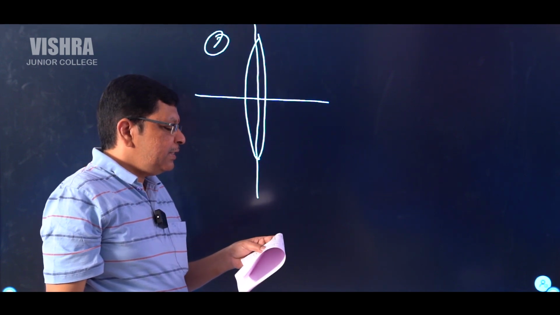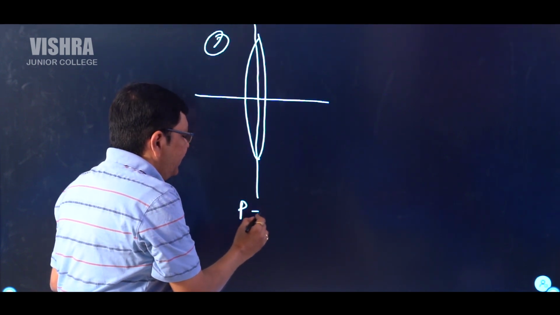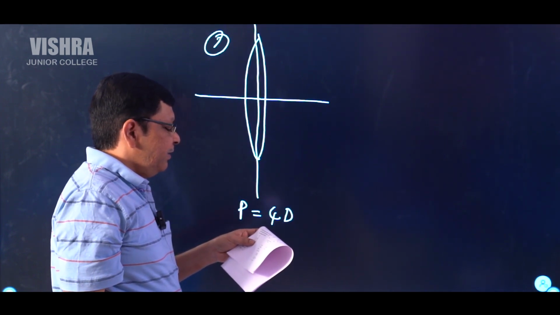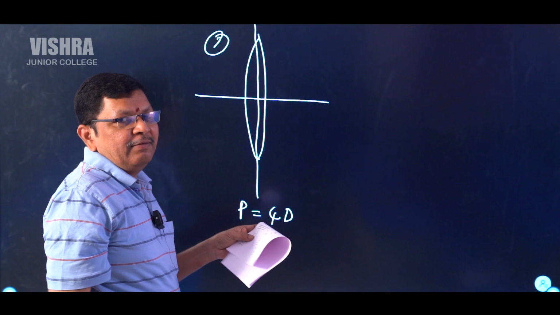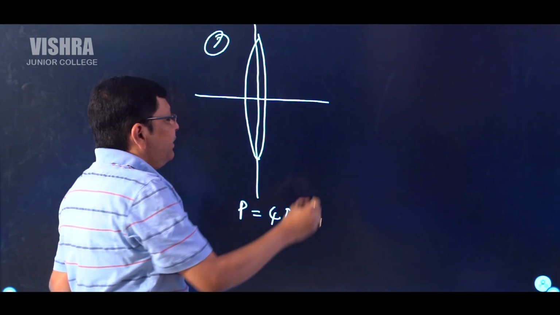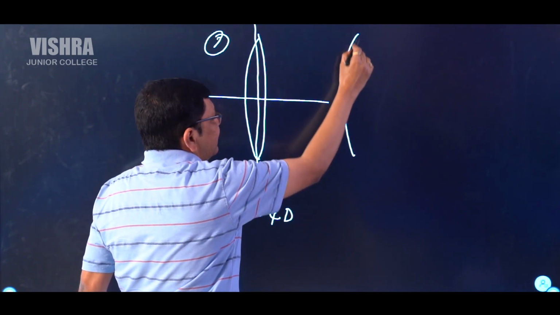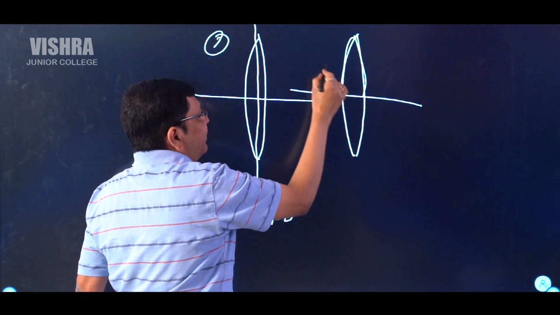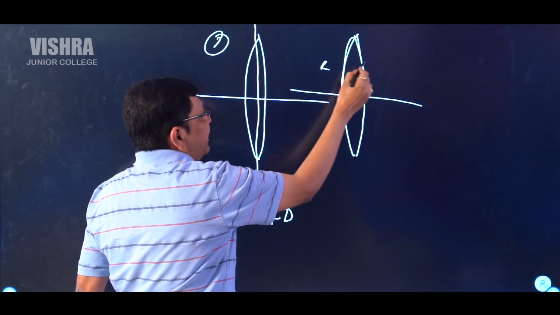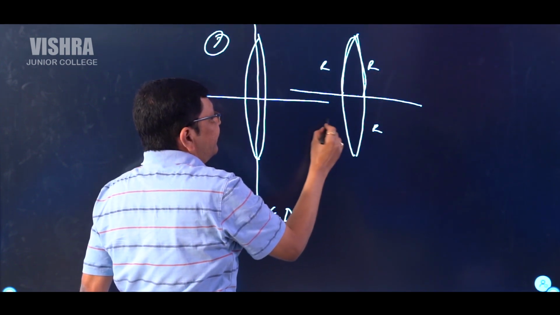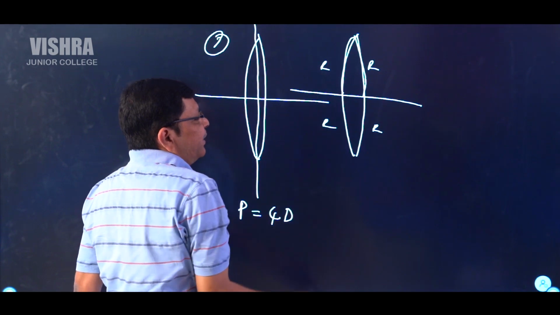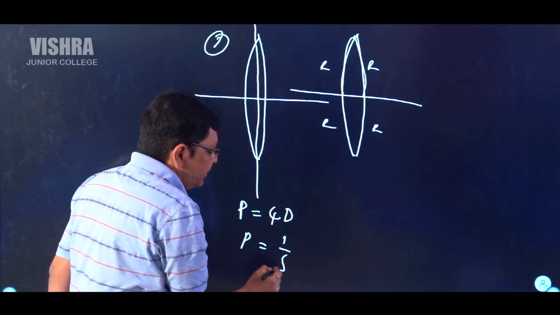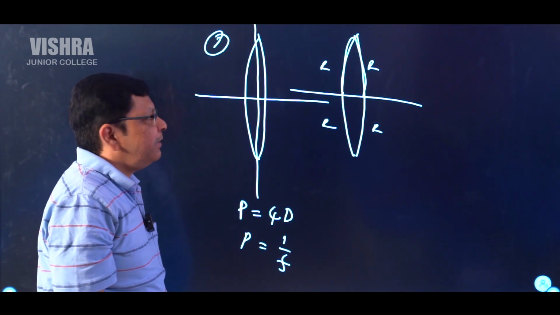In this case, the original power of the lens is 4 diopter. The question is to find the power of each piece after dividing. Here, when you divide the lens along the principal axis, if the radii of curvature of both surfaces are the same, the radii of curvature remain the same, so the focal length doesn't vary, and the power of the lens in air is 1 by f, so the power doesn't vary.